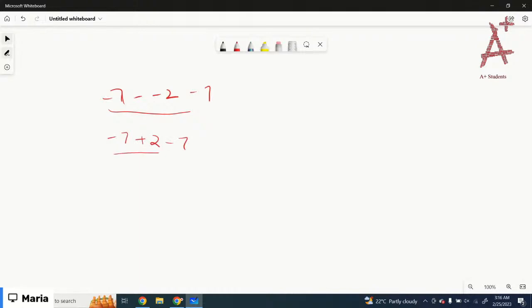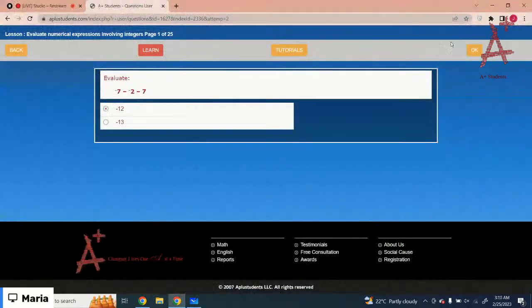Got it? Negative 7 plus 2: you have to subtract and put the sign of the greater number, so it would be negative 5. Now you are left with negative 5 minus 7. Both of the numbers have the negative sign, so you have to add them. 7 and 5 is 12, and you put the negative sign. So it would be negative 12. Got it? So the correct option is negative 12.